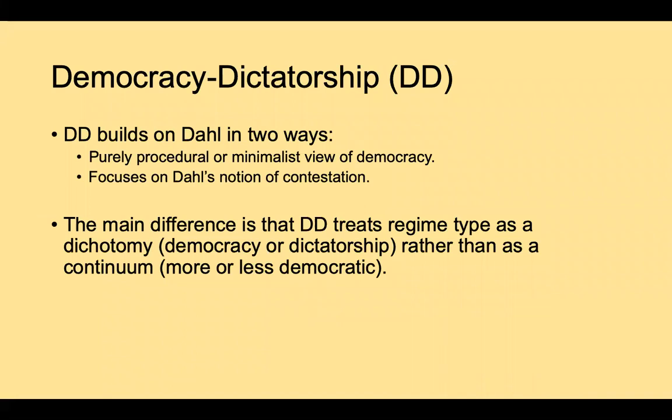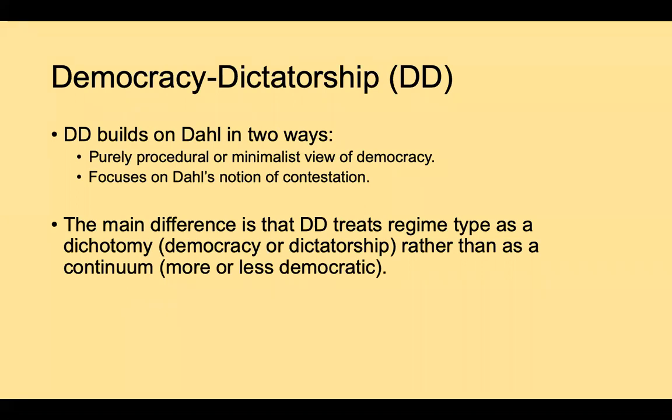And as you'll recall, this measure builds on Dahl and his 7 minimum conditions in really 2 ways. So in the first sense, like Dahl, this is a very procedural or minimalist view of democracy. That is to say that this definition and this concept and this measure focus on processes and institutions and structures, not the outcomes produced by those processes. Remember that procedural definitions focus on process and structure and institutions.